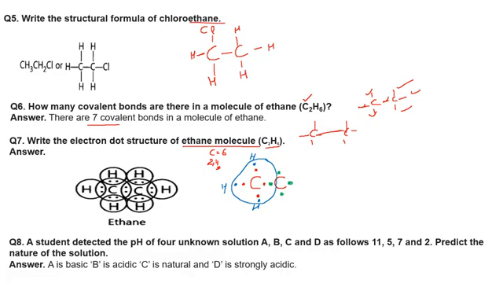Now what about this carbon? I still have to put hydrogen. So this carbon also wants 8 electrons in its outermost shell so that it can attain the octet state. Octet state is the most stable state. It means 8 electrons in the outermost shell.